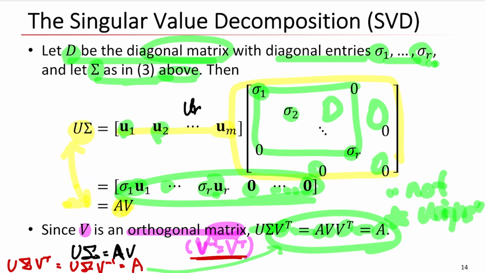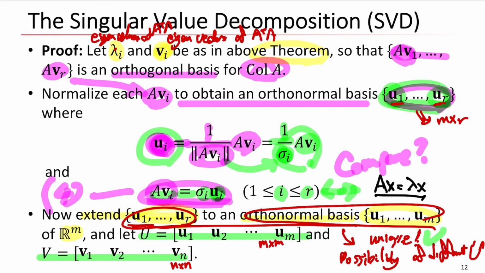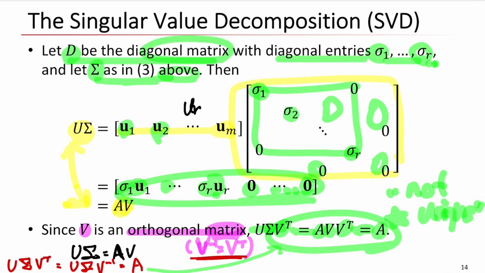There are many possibilities, depending on how we expand u1 through ur to the orthonormal basis. Anyway, this proof shows that there exist U, sigma, and V transpose that can be the decomposed matrices from an arbitrary matrix A, right?